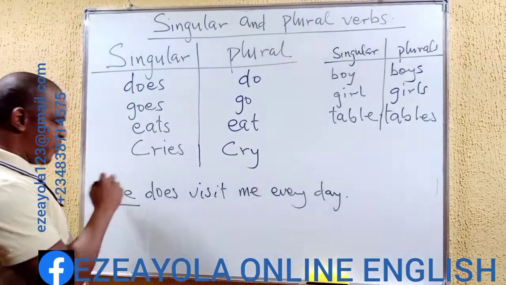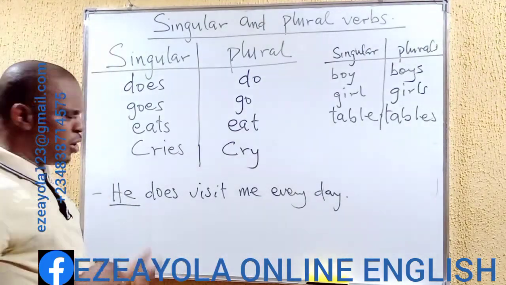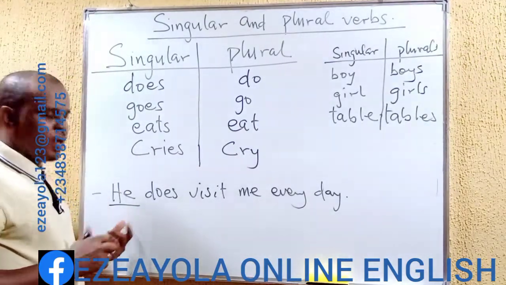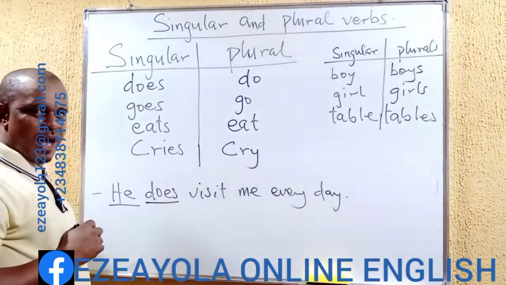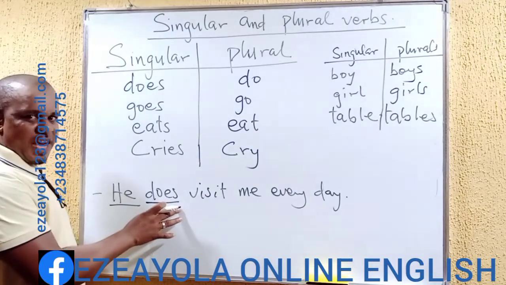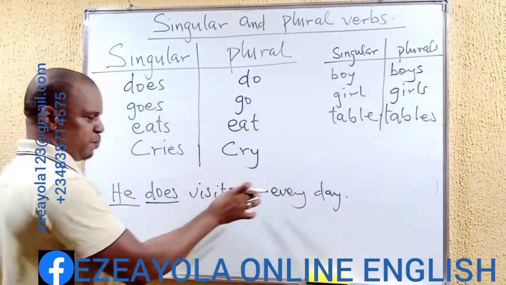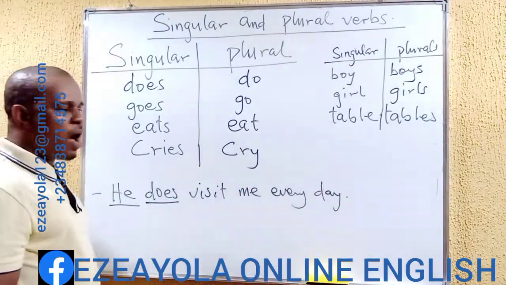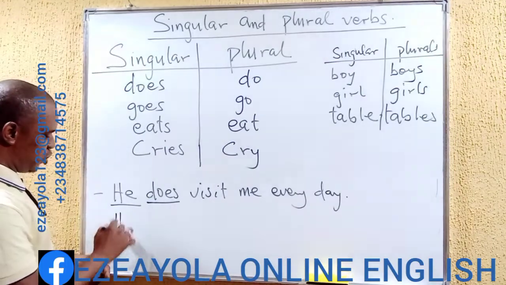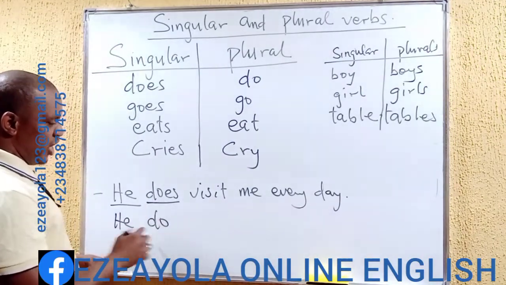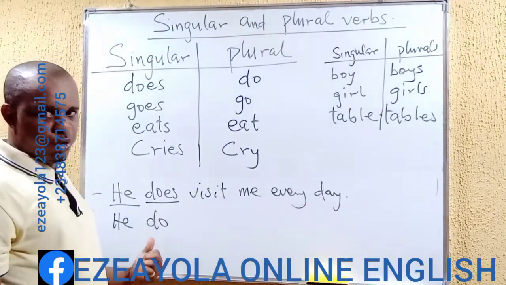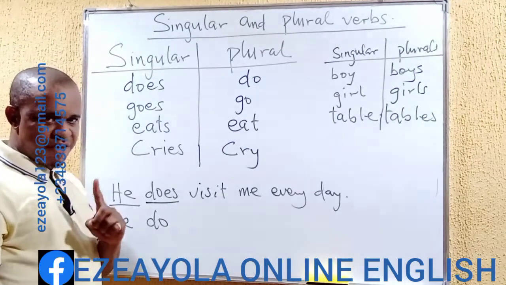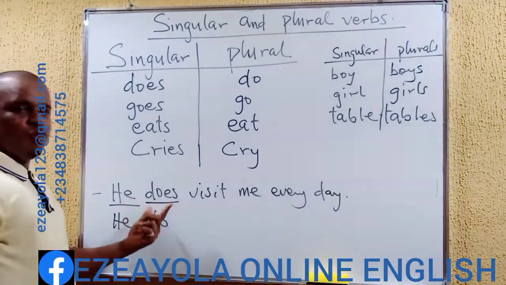That means the subject here, which is a pronoun, is singular. And the verb should be in the singular. He does visit me every day. Now, you cannot say he do. When you say he do visit me every day, this is wrong English. We don't accept this. Never.